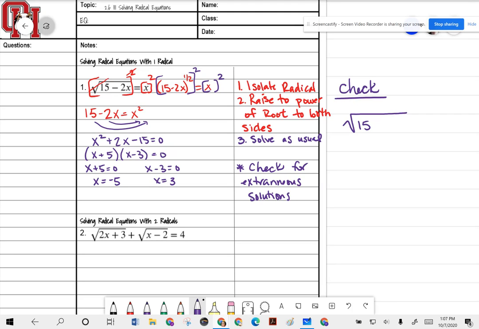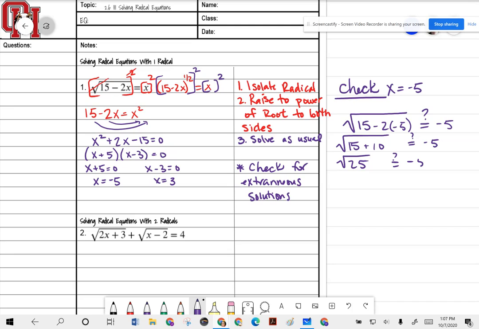And I'm going to say check where x equals negative 5. So let's check that. Negative 2 times negative 5, and does that equal negative 5? So let's take a look. Some of you can already see that something's wrong here, but we'll discuss that in just a moment. So we've got the square root of 25.